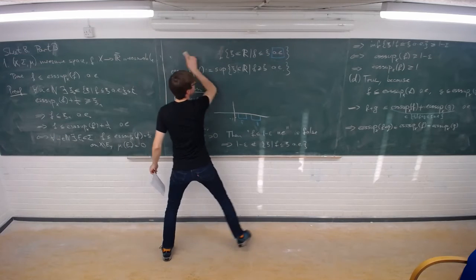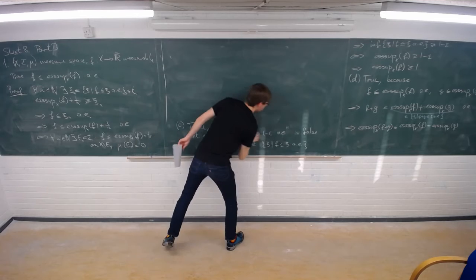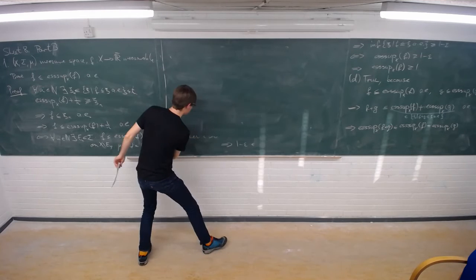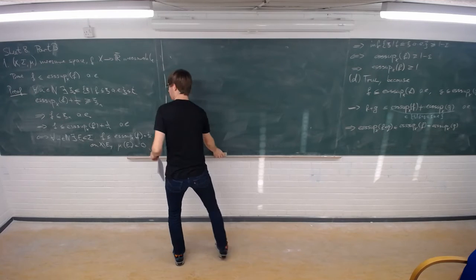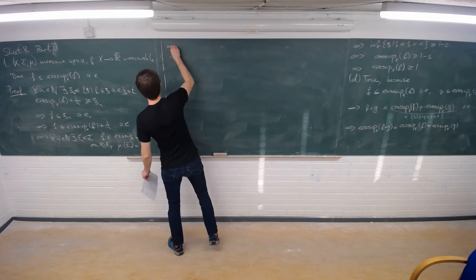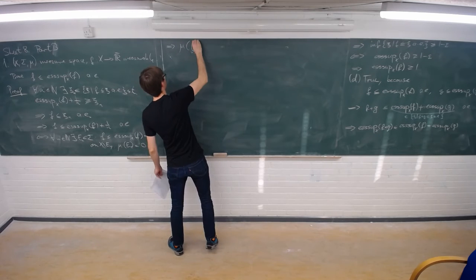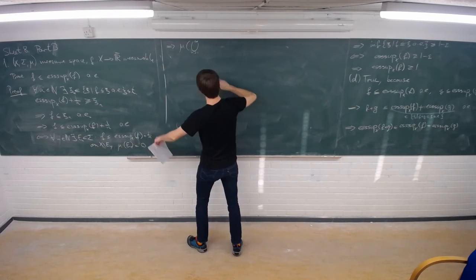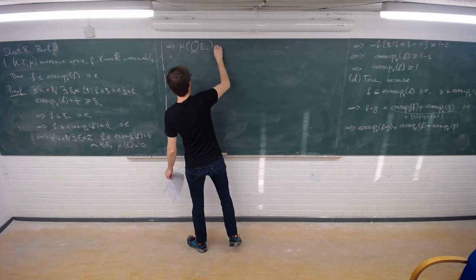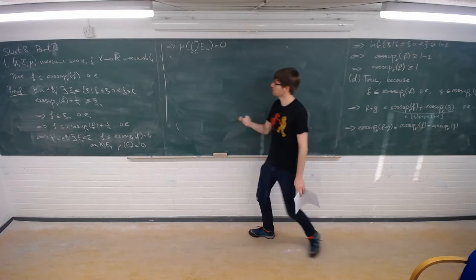So what we have to do is take the union of all these E_n, then that's still a null set because it's a countable union of null sets.